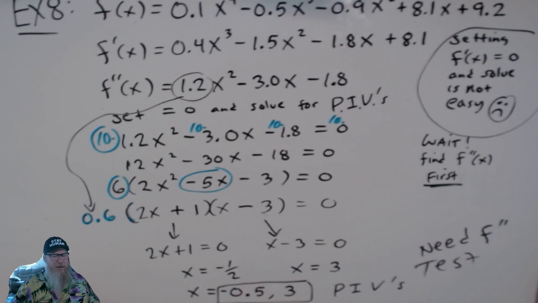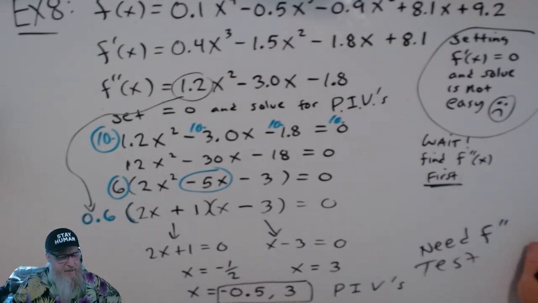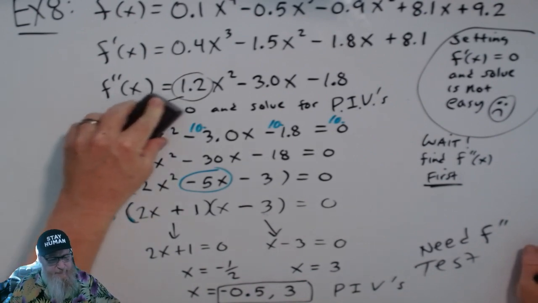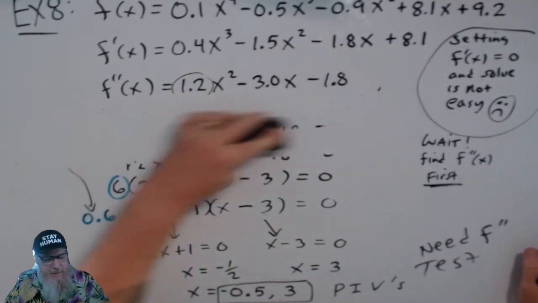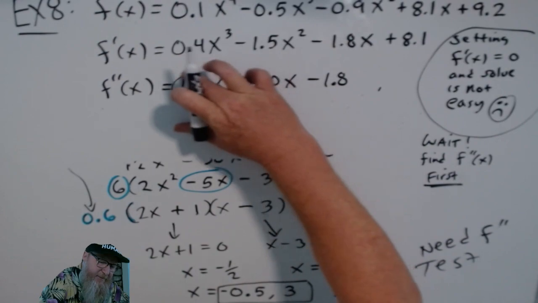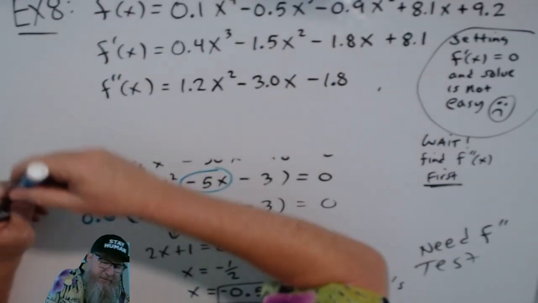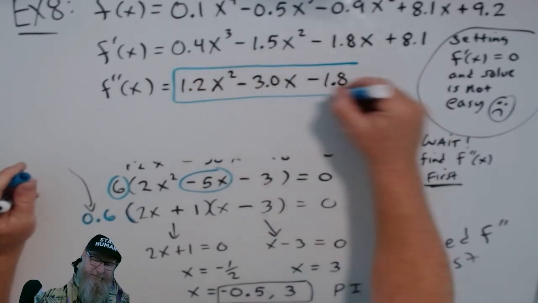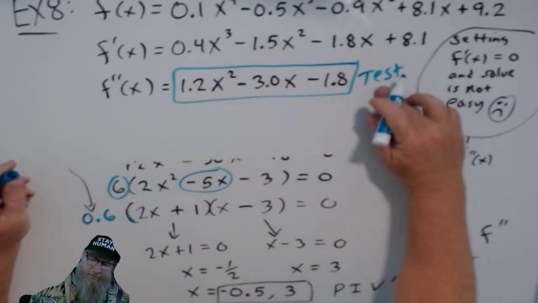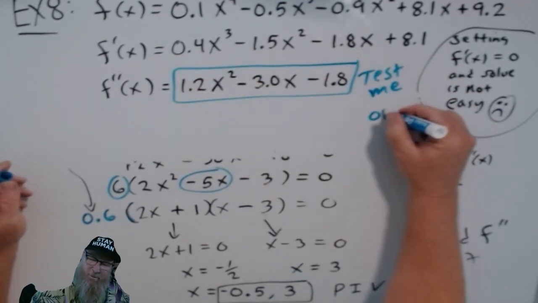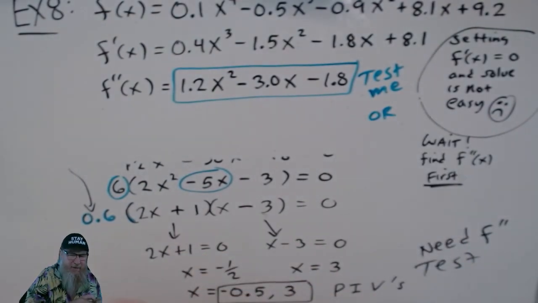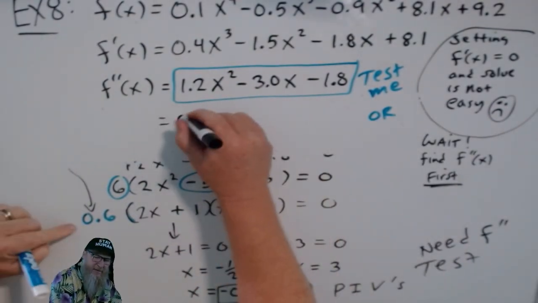All right, let's go ahead and do it. I'm going to need to take back some of this real estate. Now, when I do the second derivative test, I could test this, or I could test this.